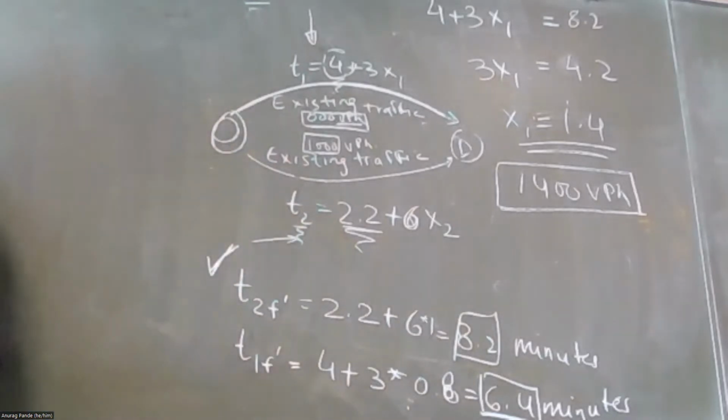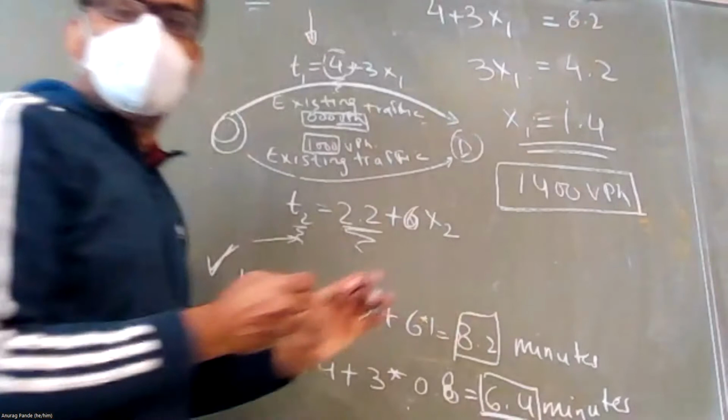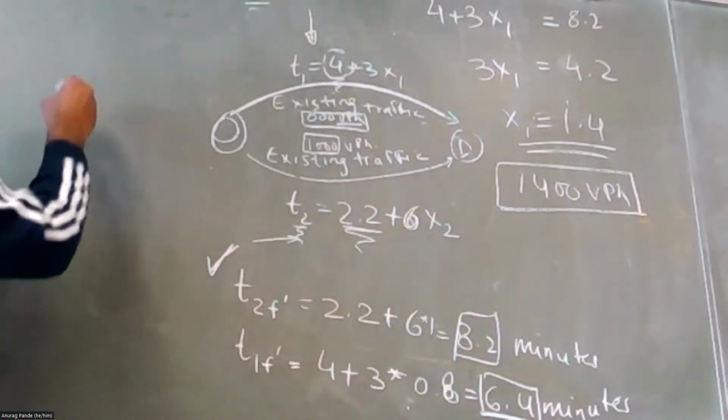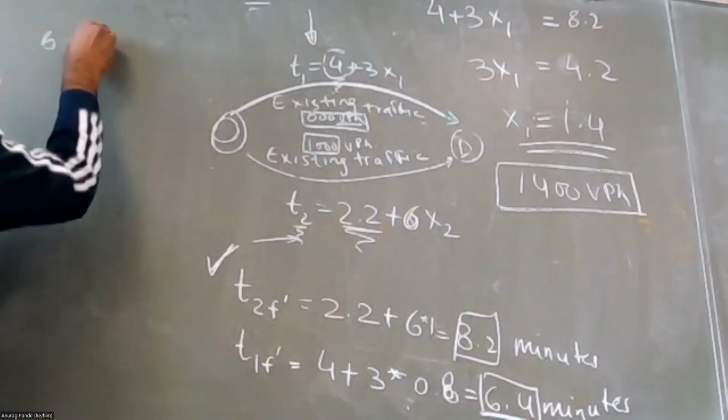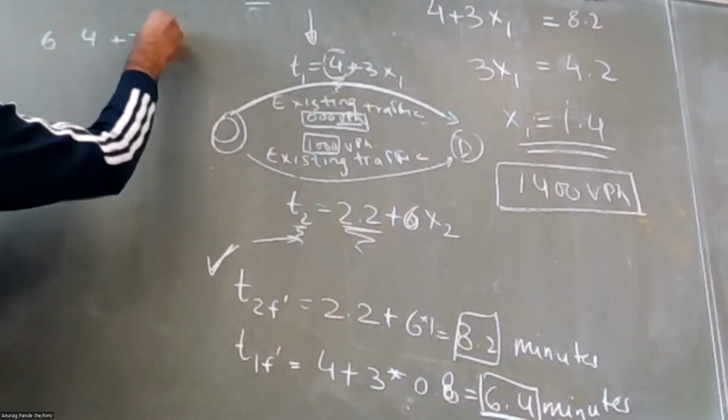Yes. Why didn't you just establish the new threshold where in that equation you do 6.4 plus 3x1 and then you get 600 vehicles? Okay, so how should I have done it? I just did 6.4 plus 3x1 equal to 8.2.